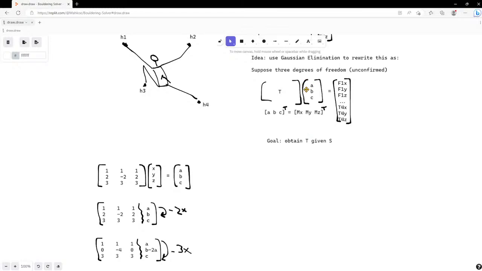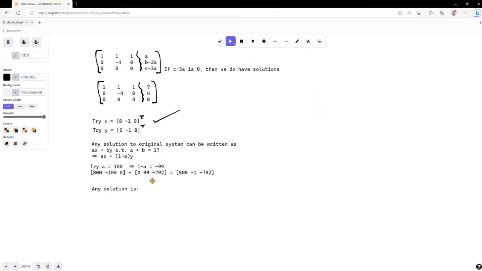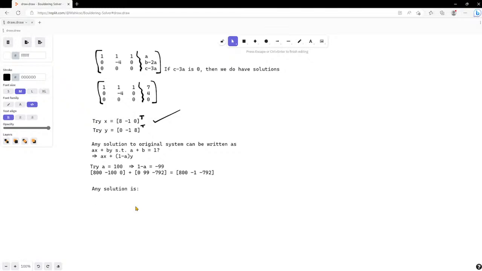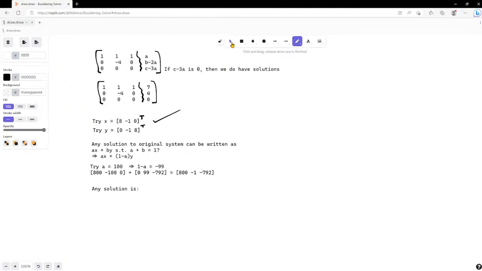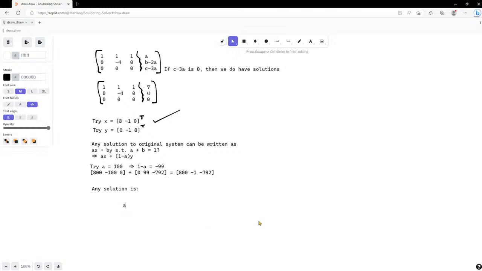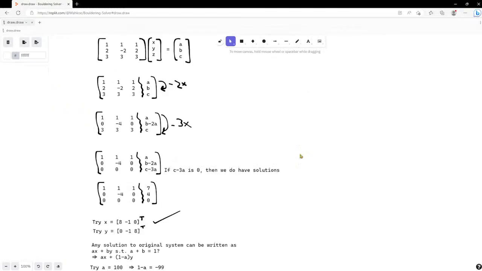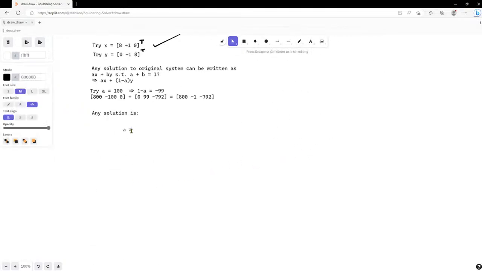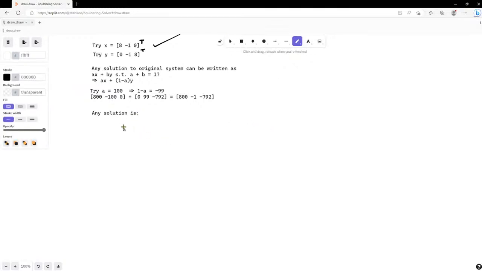So our final degree of freedom is just a single number. So we have T times the single number A. Well, okay, let me write it like this. The single number A, and this is going to be equal to, I gotta figure out how big T is.